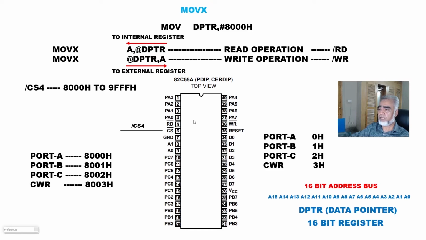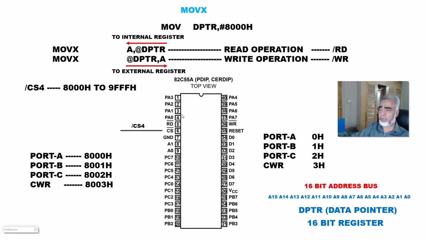As we have connected the device, that is 8255 PIA, with our microprocessor based system, and each 8255 interface has 3 ports, that is port A, port B and port C, and it has another internal register which is called the control word register. The address for port A is 0H, the address for port B is 1H, the address for port C is 2H and the address for the control word register is 3H.